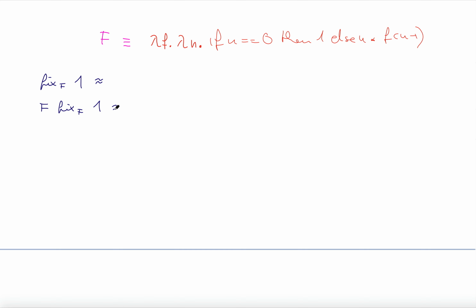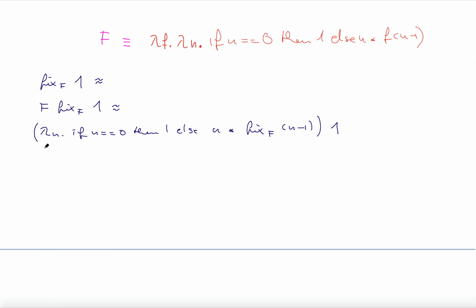So this is beta reduction here, and it reduces to lambda n, if n equals 0, then 1, else n times now fix f of n minus 1, and then we also have our argument.